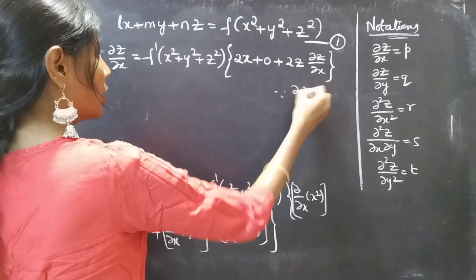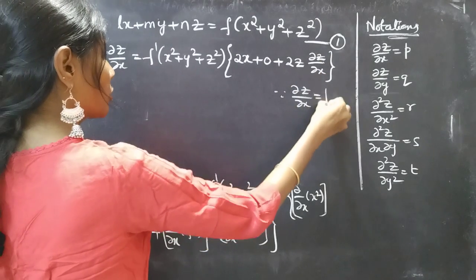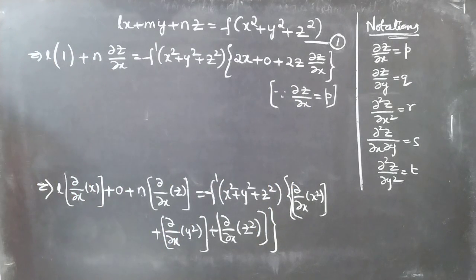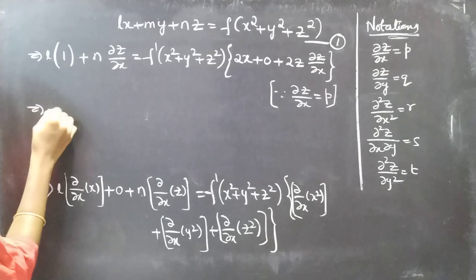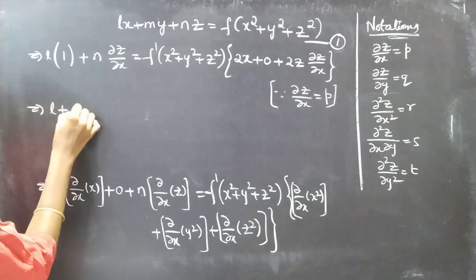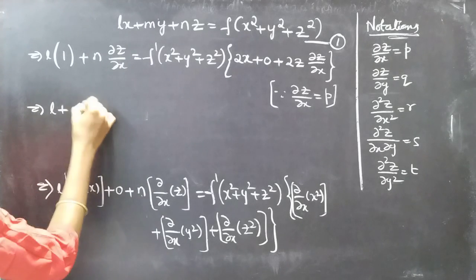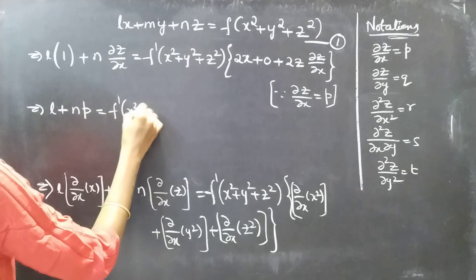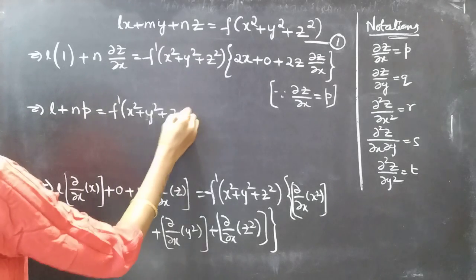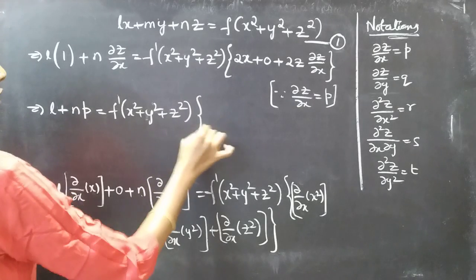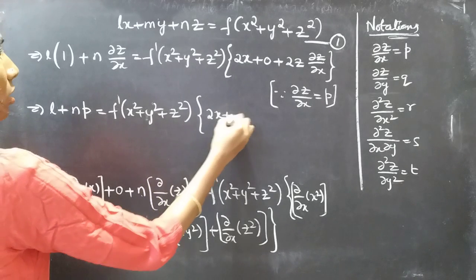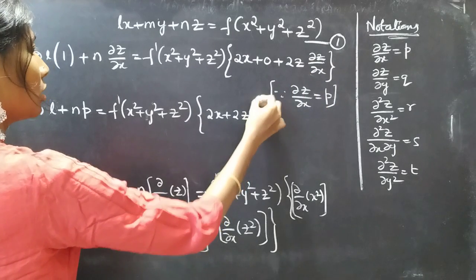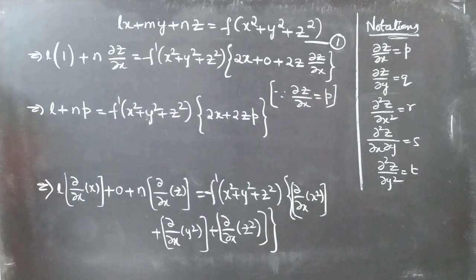Since dou z by dou x equal to p, we have a notation. So we'll replace dou z by dou x with p. This gives us l into 1, l, plus n into p, equal to f dash of x square plus y square plus z square into 2x plus 2z p. Fine.